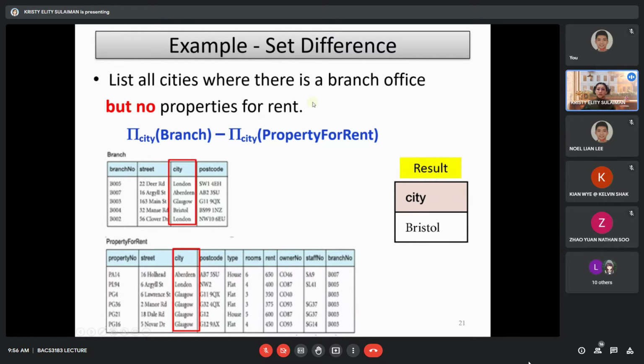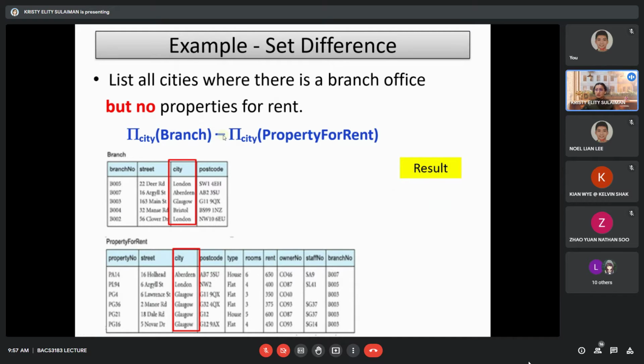We want to list all cities where there is a branch office but no properties for rent, so we use set difference.